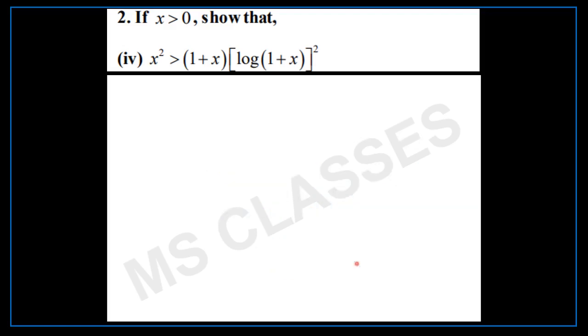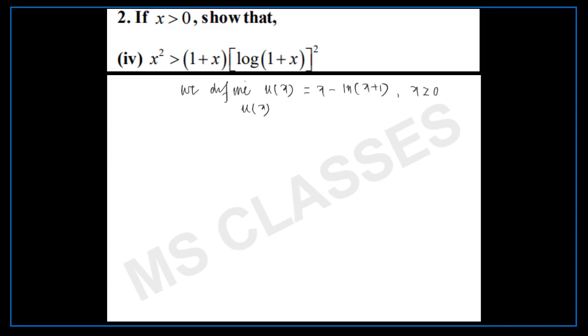So here we define u(x) equals x minus ln x plus 1, x greater than or equal to 0. u(x) is a differentiable function because it is the difference of a linear and a logarithmic function.